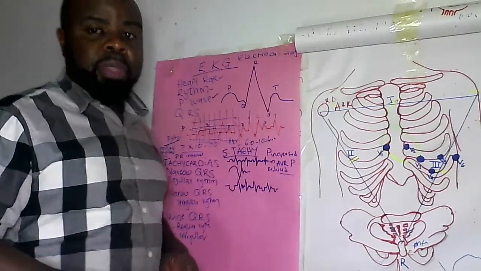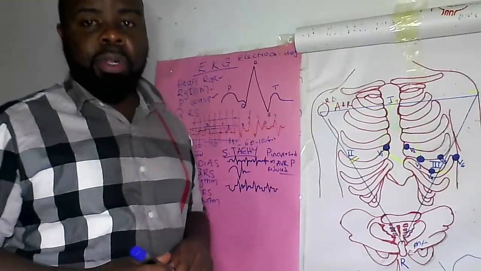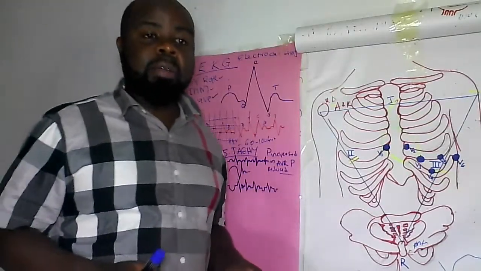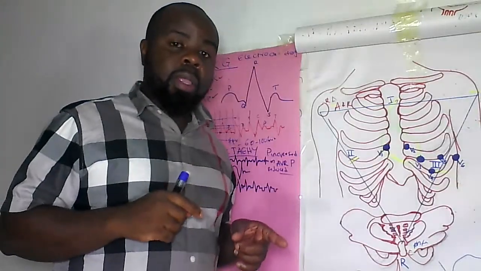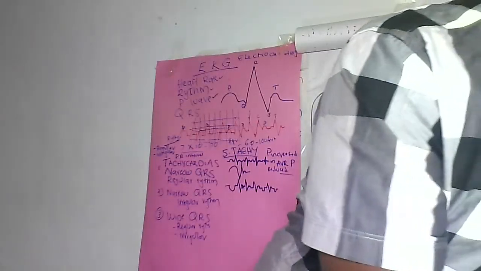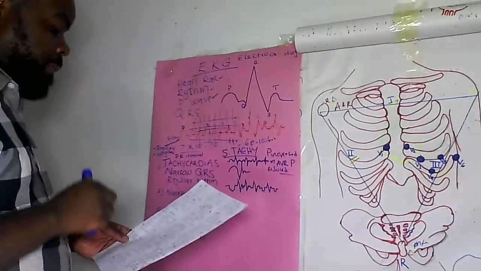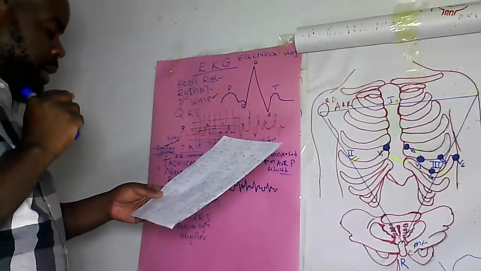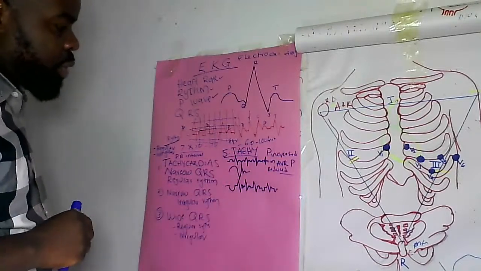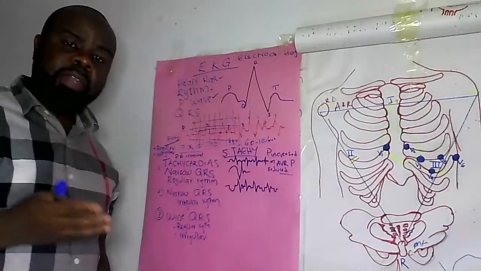It's because this one comes with something called focal atrial tachycardia. Focal atrial tachycardia, you see. This one is called focal atrial tachycardia with fibrillation. You know, fibrillations always are faster beats.